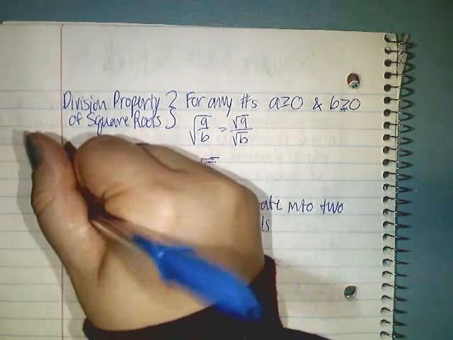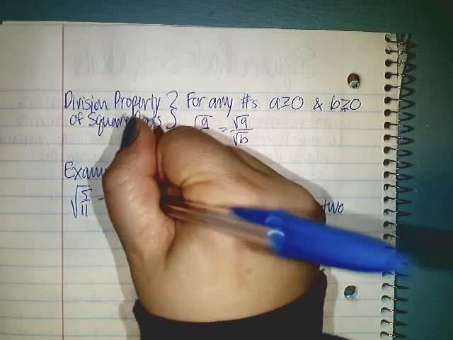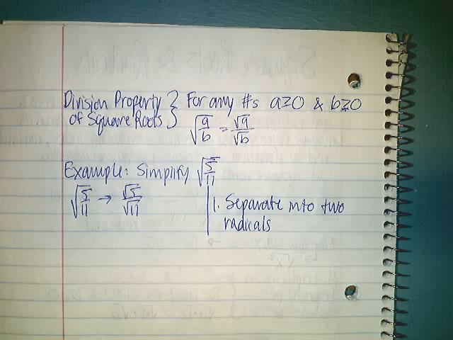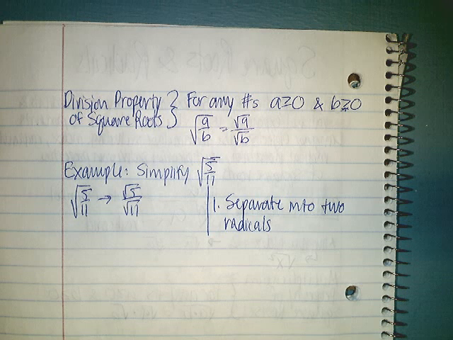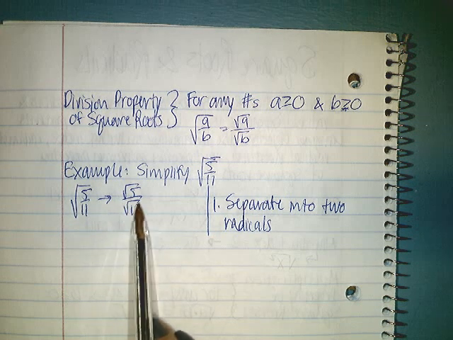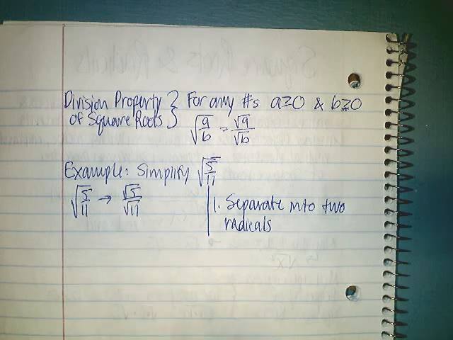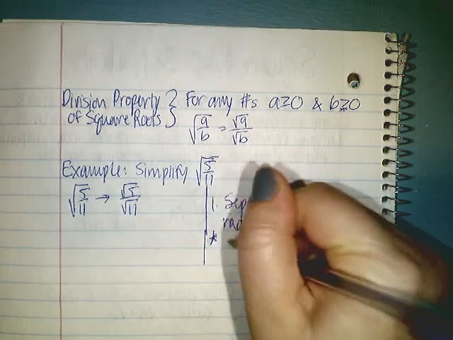So I'm going to change the square root of 5 over 11 into the square root of 5 over the square root of 11. So one thing that's tricky is mathematical convention says that you shouldn't have a radical in the denominator. So I'm going to make a little note of that.